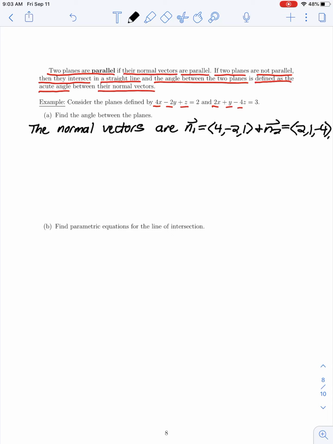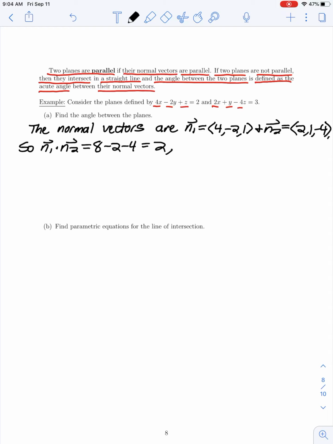And so we need to compute a couple of things to find that angle between these vectors. The first thing that I need is the dot product of these vectors, n1 dot n2, which would be given by, let's see, 8 minus 2 minus 4, which would leave us with 2.